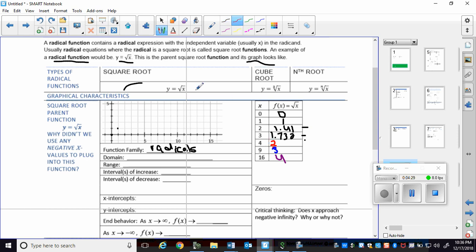So for 4, 2, so right 4 up 2. There's that point. The next point is 9, 3, so right 9 up 3. There's that point. And then 16, 4. So right 16 up 4, and there's that point.